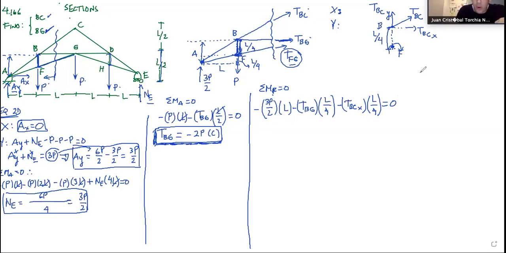So maybe I can do it over here again, okay? The TBC. So I have this line, and it goes from A, it goes to B, and then it goes all over there to C. Now I want to know how much is this. Well, I have L, and I have L here, and the distance that I have climbed up, maybe you see that it's L. It's 2 times L divided by 2.